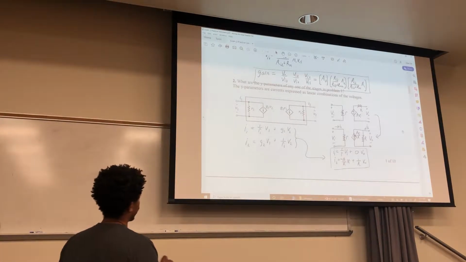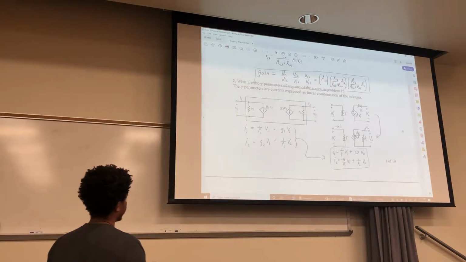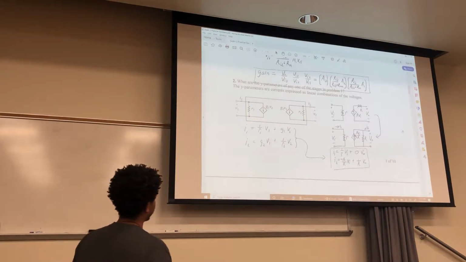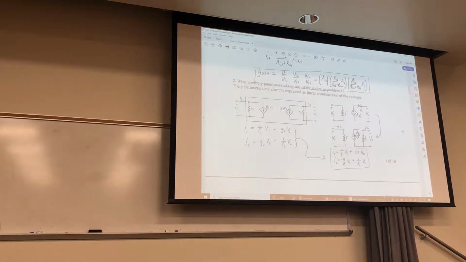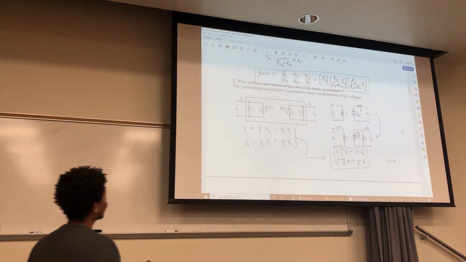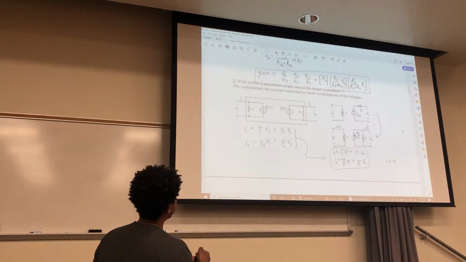You have the currents and voltages, and the currents are in a linear combination with the voltages, V1 and V2. Now, for one of these stages, which is what this is talking about right there, the stage looks like this, and what I did was put the stage and convert it to this.